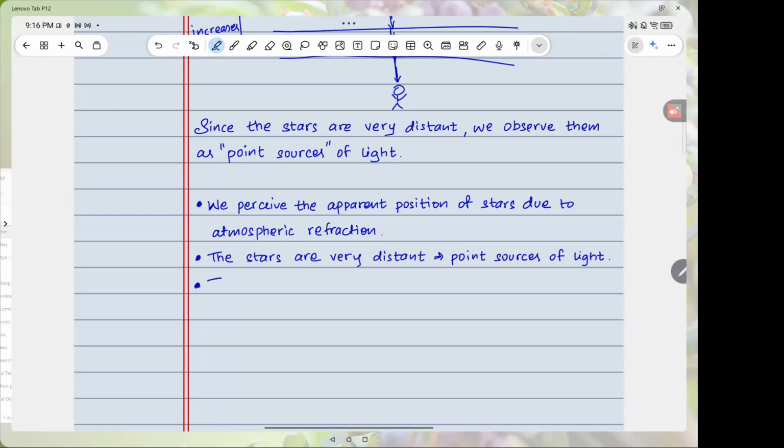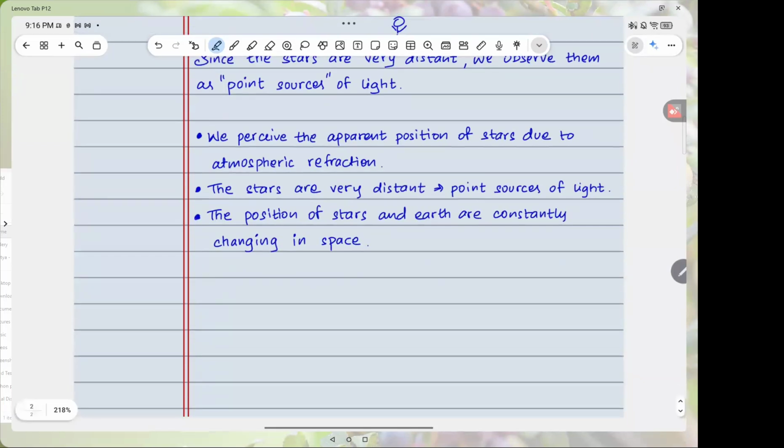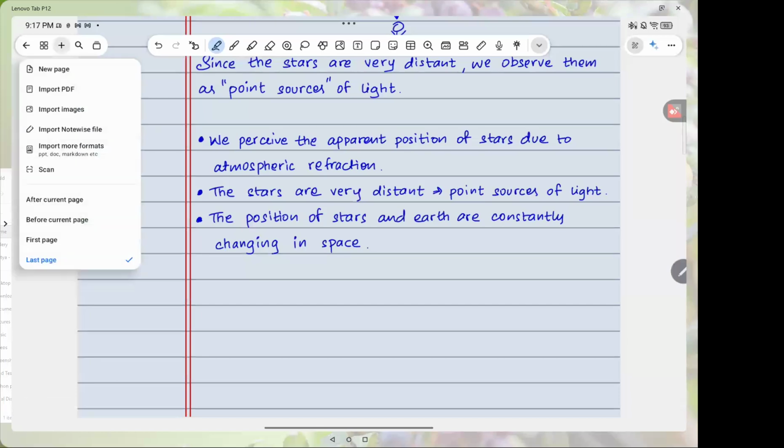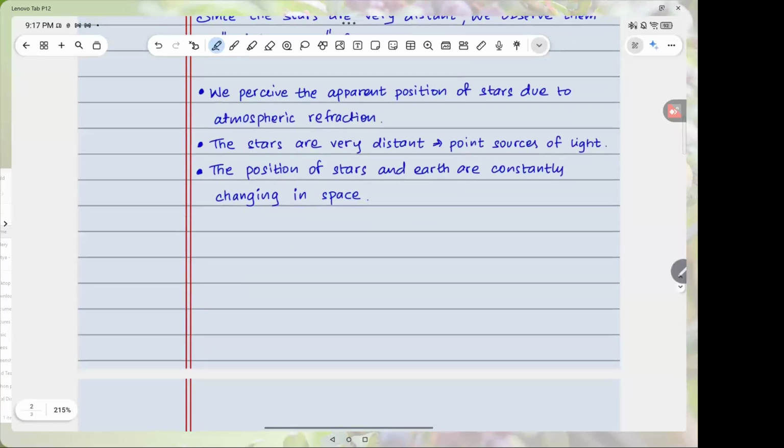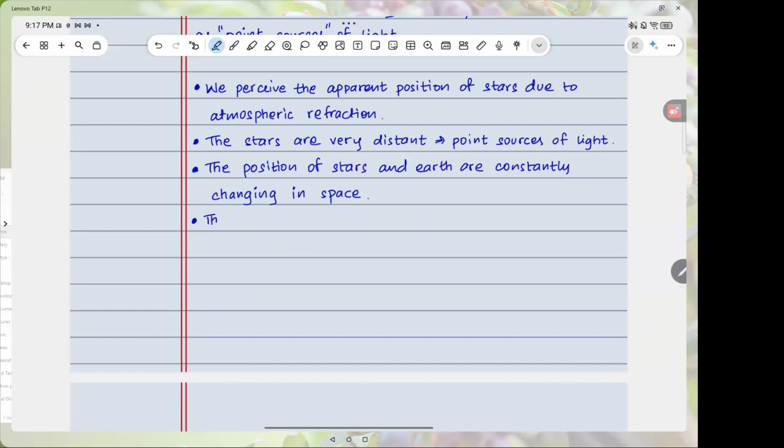Third point, the position of stars and Earth are constantly changing in space. Okay, so since the position is also constantly changing, the starlight also constantly changes.